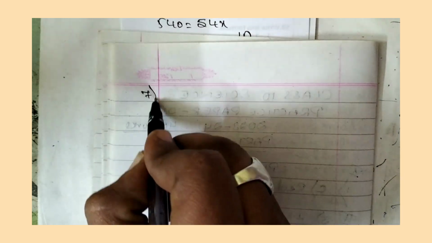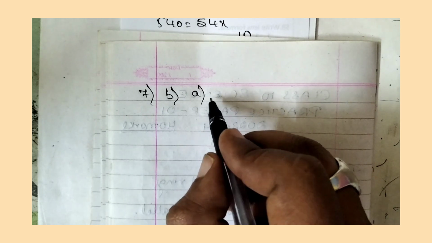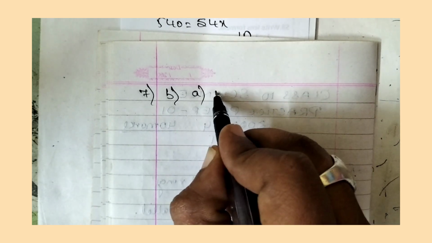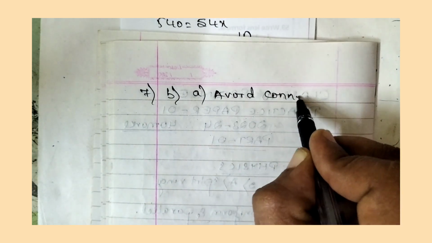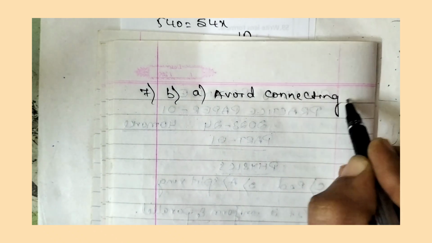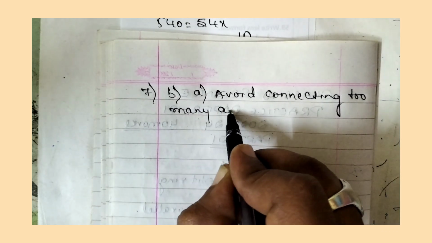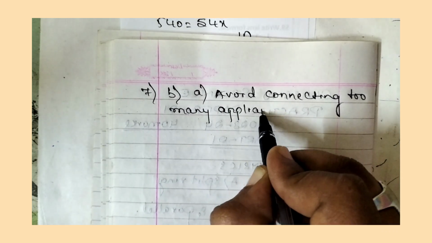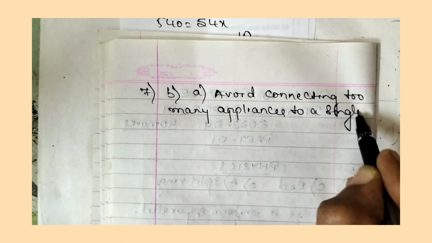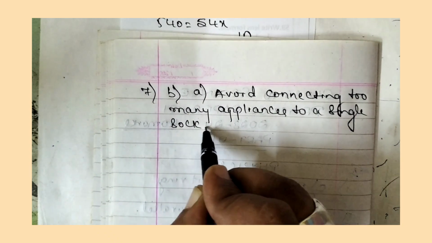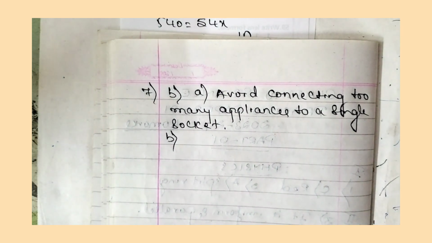So in 7th question B, the precautions to avoid overloading are: avoid connecting too many appliances to a single socket. This is the first one.